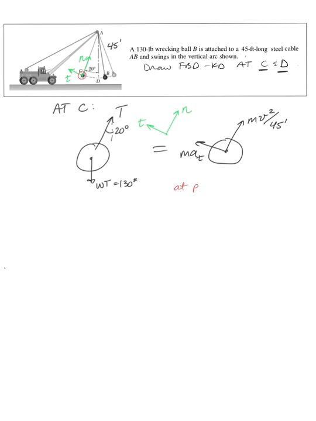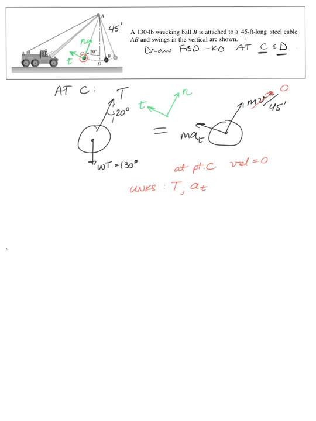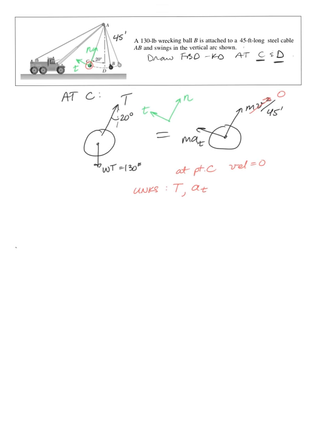So at point C, this is a turnaround point, so I know that the velocity is equal to 0. That means that term goes away. So the unknowns left are the tension and the tangential acceleration. Let's look down now at point D.